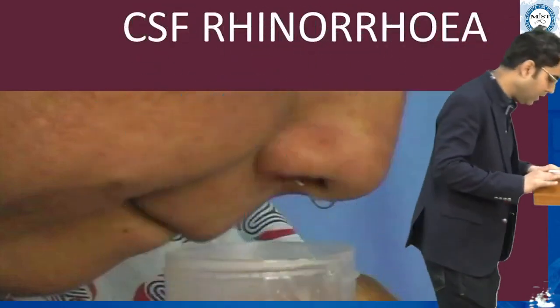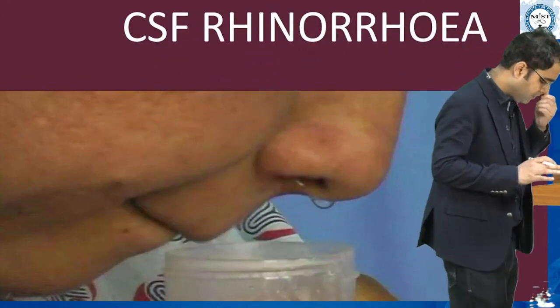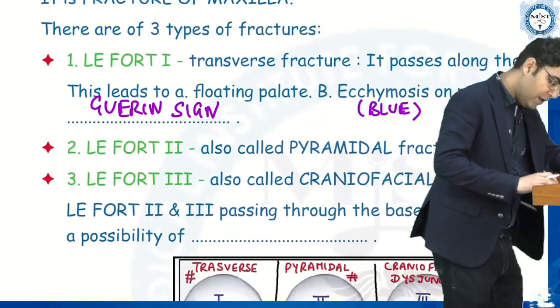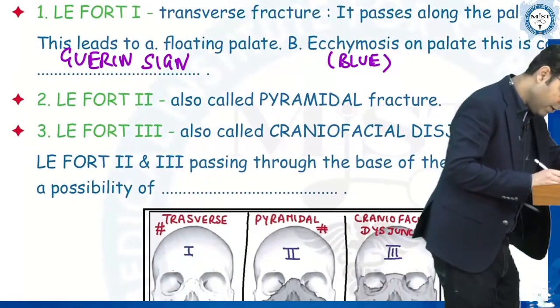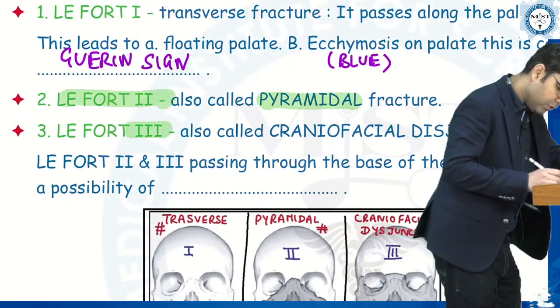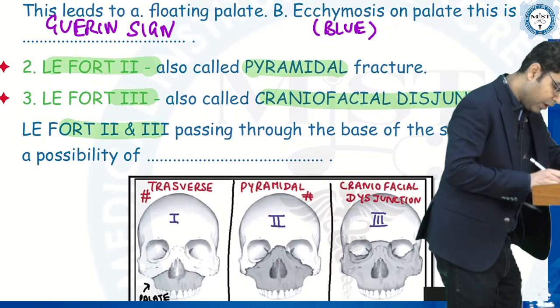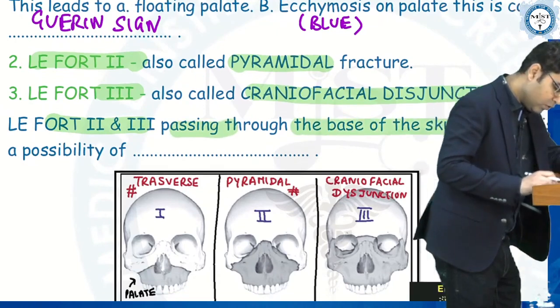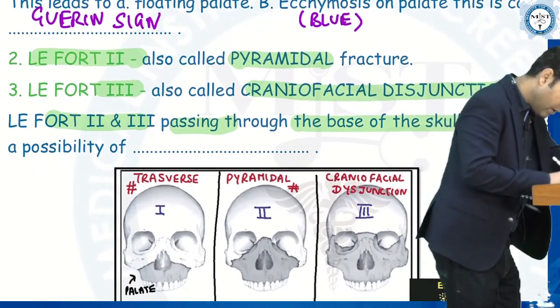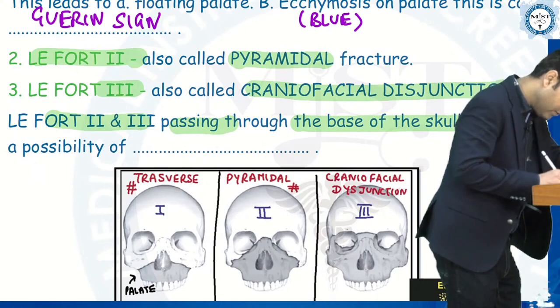Now read your notes, beta. Everybody read your notes. Le Fort 2 is called pyramidal fracture. Le Fort 3 is called craniofacial disjunction. Now Le Fort 2 and Le Fort 3 pass through the base of skull, so write down, there is a possibility of CSF rhinorrhea.